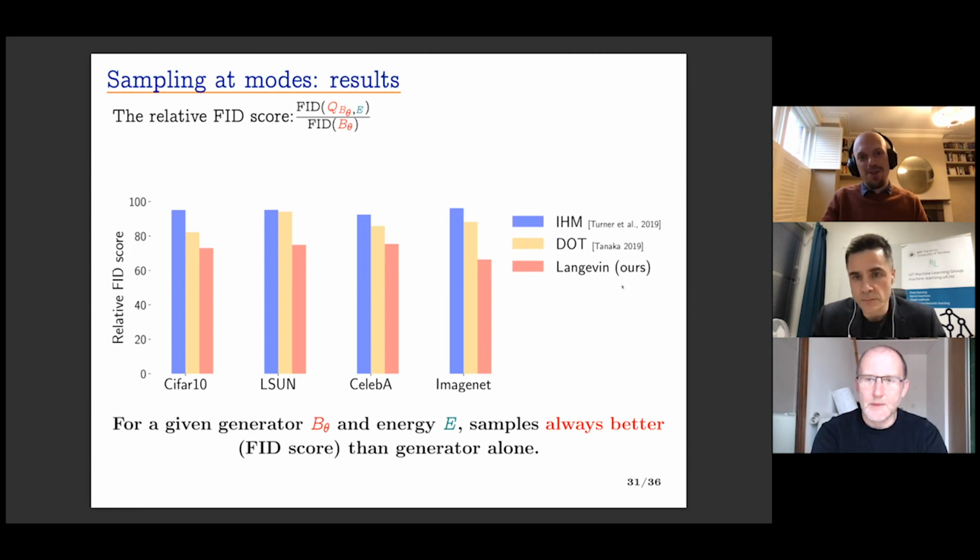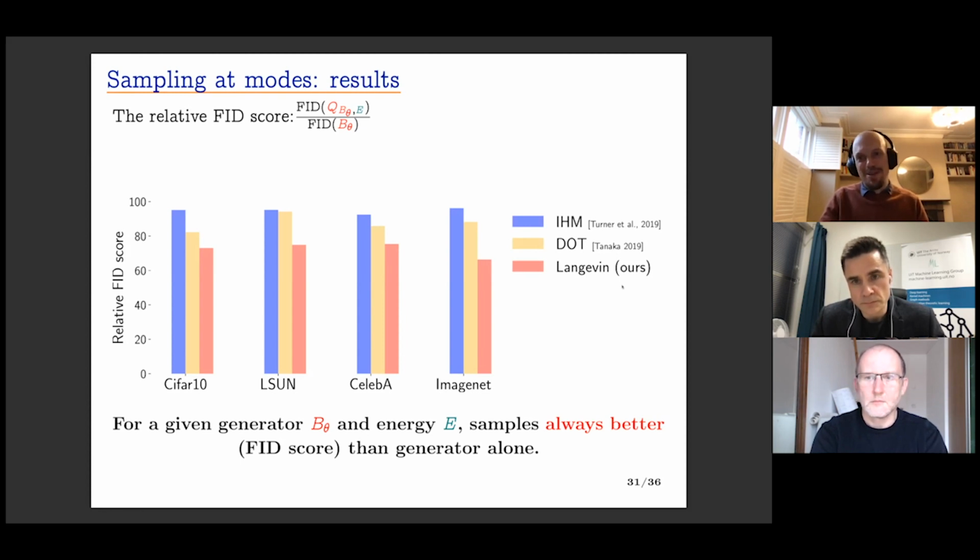So let's say my energy function is only good on the support that the generator has allowed it to see. Now let's say that I take another generator, and my generator is setting out to break my energy function. I can then basically move to a part of the space where the energy function is very poor.